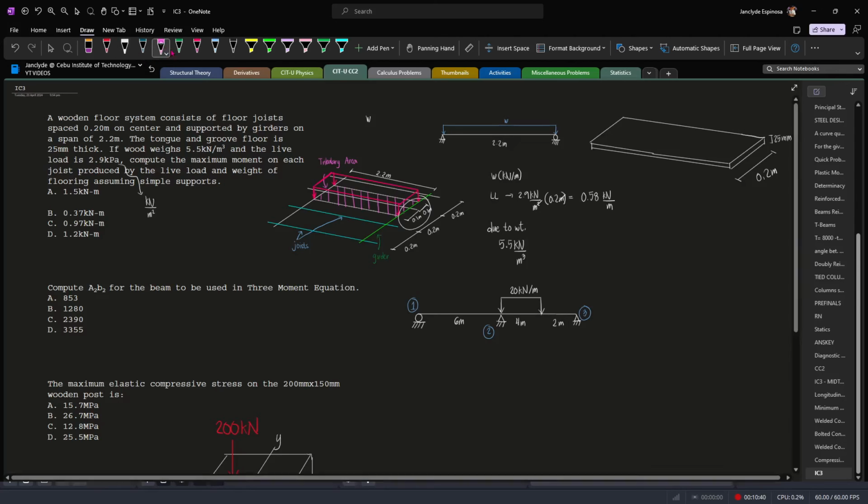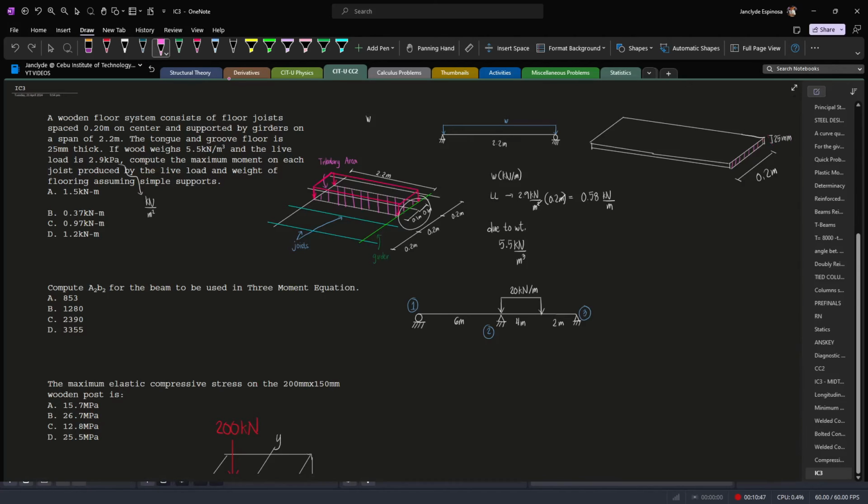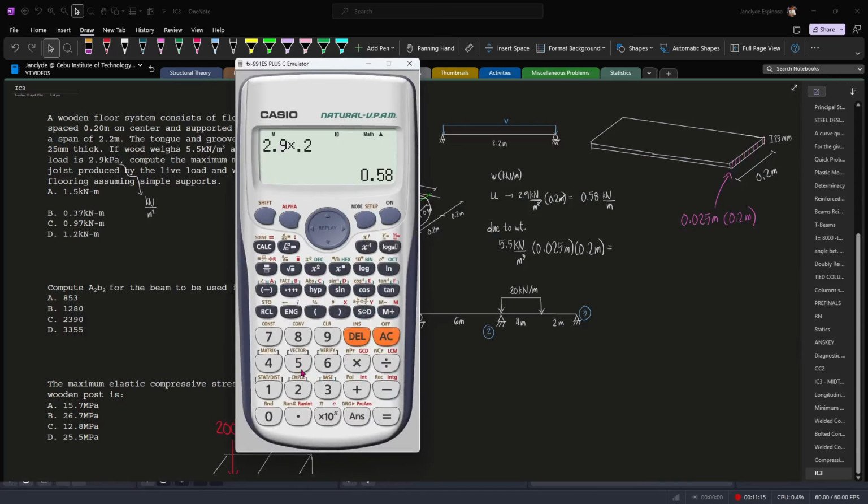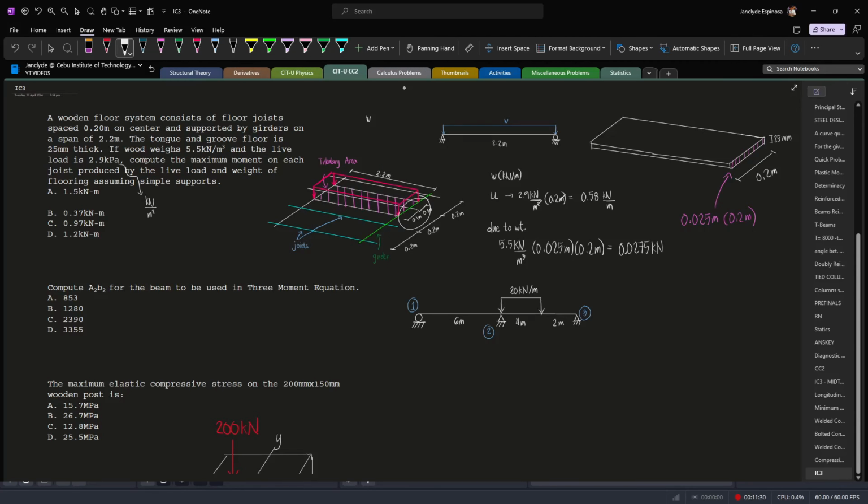And so the cross section which is this area is simply 25 mm which is in meters 0.025 multiplied by 0.2 meters. Yang area na yan. And so we need to multiply this by 0.025 meters times 0.2 meters. So this is now 5.5 times 0.025 times 0.2. We have 0.0275. And then this is kilonewton per meter.